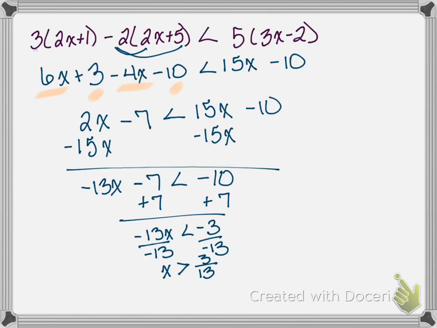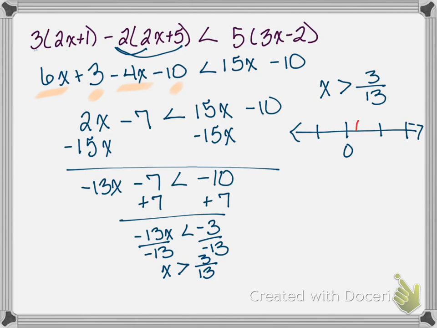It is unlikely, if I get to this point, that I'm going to make a mistake when I graph or when I write it in interval notation, because I know how to read this. So I have x is greater than 3 over 13. I draw my inequality, or my number line. We already know that 3 over 13 is pretty close to 0.